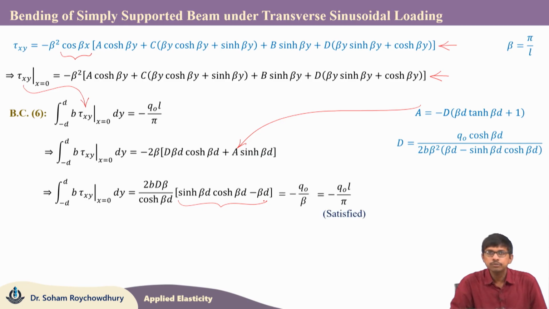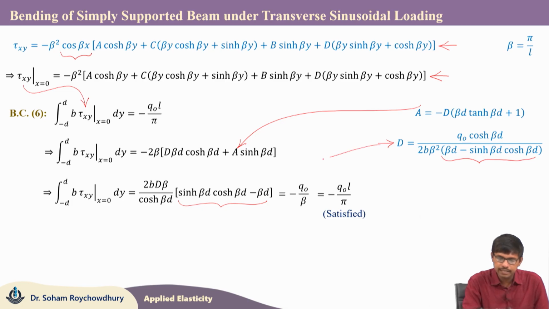Now, the expression of the capital D constant that we had obtained has a term in the numerator which is almost the same as this term, with just a negative sign. So substituting the capital D expression here, this term would get cancelled with the numerator factor of capital D.